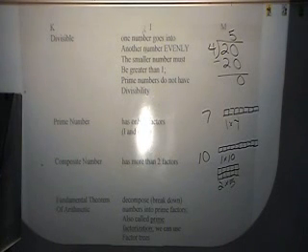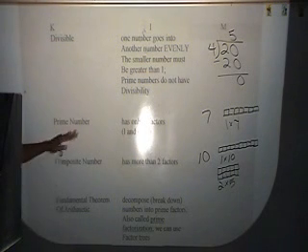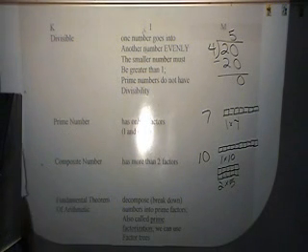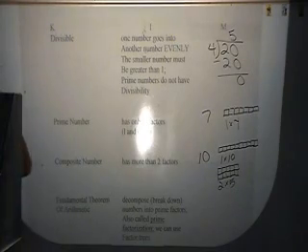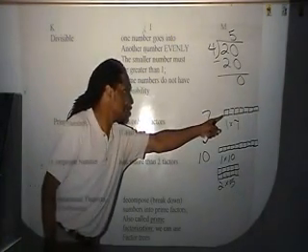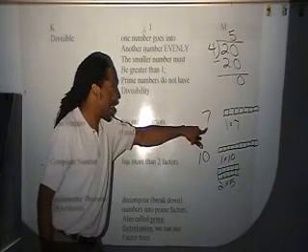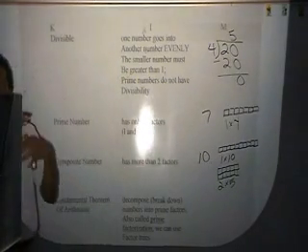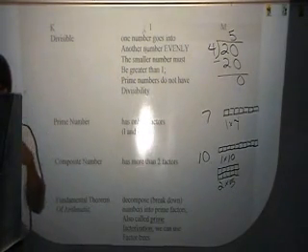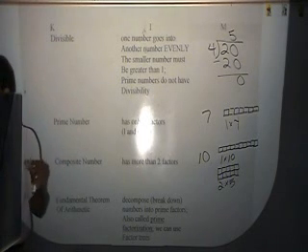Okay? So that's an easy way to check to see if it's prime or composite. Think about, can we regroup if we had squares for that number? Can we rearrange that number into equal groups and make a rectangle or a square out of it?